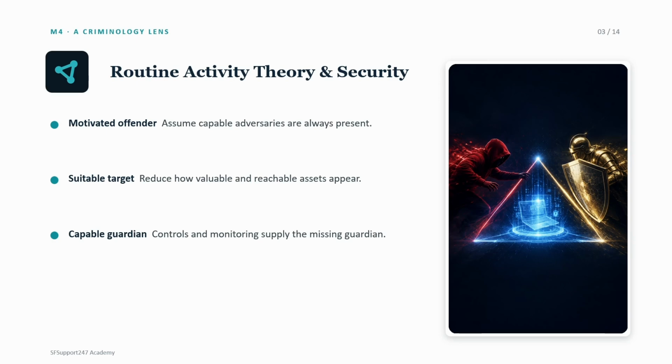Capable guardians means capable security. Every control raises the guardianship in the equation for the offender when they are making this kind of cost-benefit analysis in routine activity theory. So, just to summarize: motivated offender, suitable target, capable guardian, and security adds the guardianship.